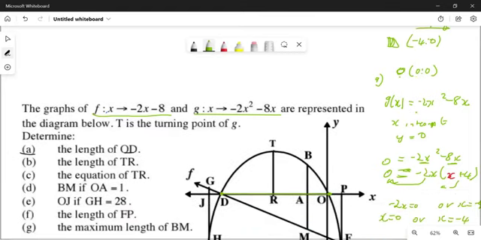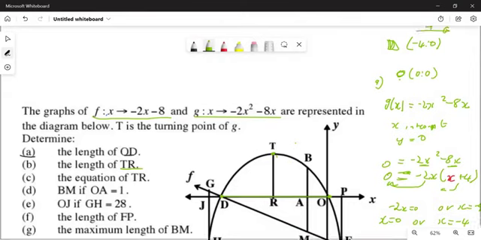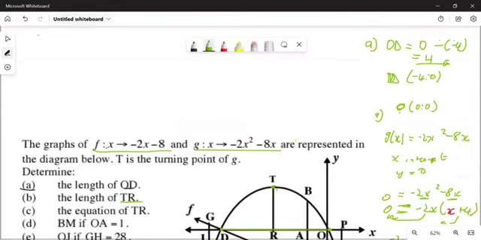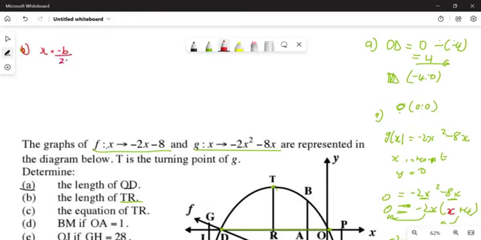Let's get Jane then. Jane, we want the length of TR. T to R. So T is the turning point of graph G of x. So we can get the x value of the turning point; the formula is x is minus b over 2a.